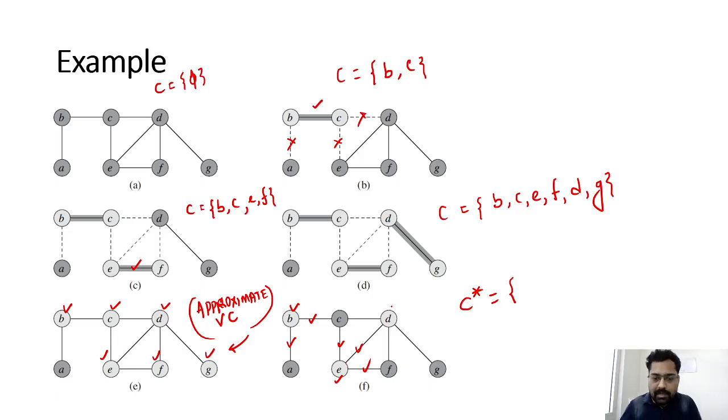Next, if I pick D as a vertex, it is part of the cover. So for optimal, we can cover all the edges. If I'm saying covering all the edges, I'm just putting this mark. All the edges should be covered. That's why we call it a vertex cover.